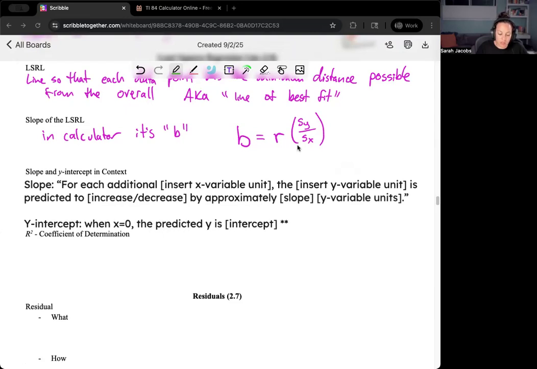And then for this one, decide if it makes sense, right? So babies are absolutely born with some length, right? It makes sense to have a y-intercept that's some positive number of inches.